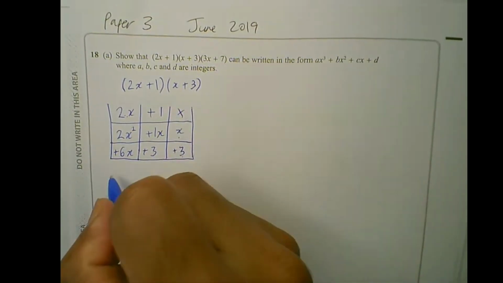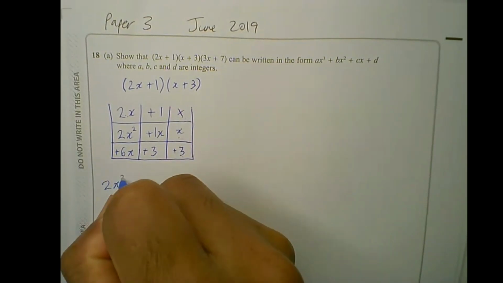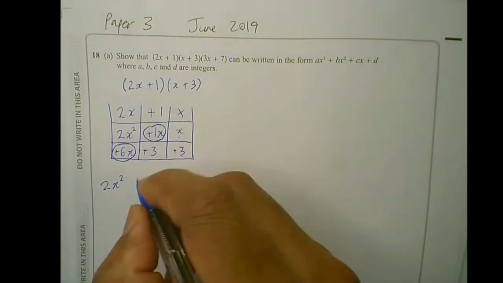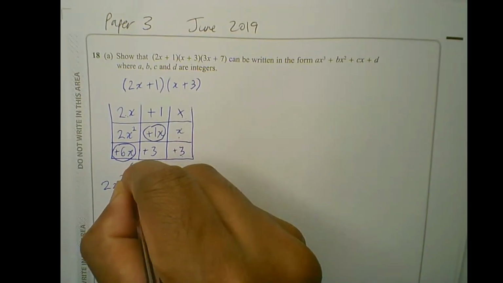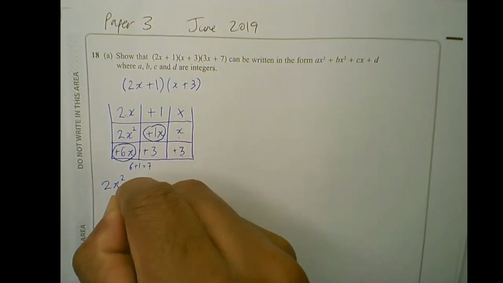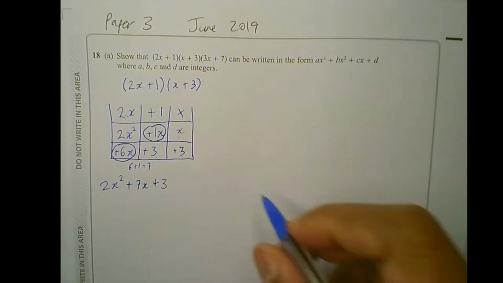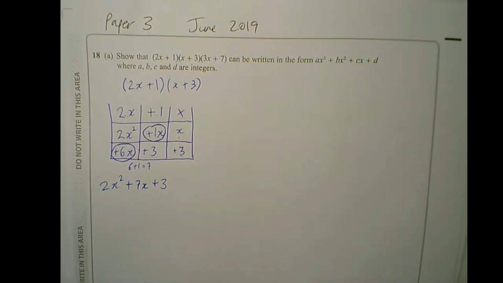And now I simplify. 2x squared, 6x plus 1x is 7x, plus 3. So that's my step 1 done.